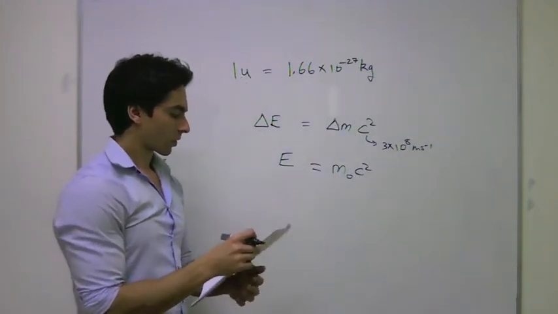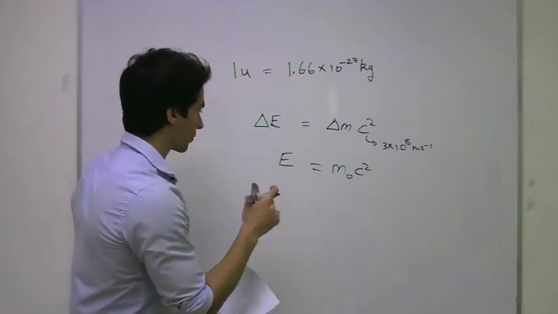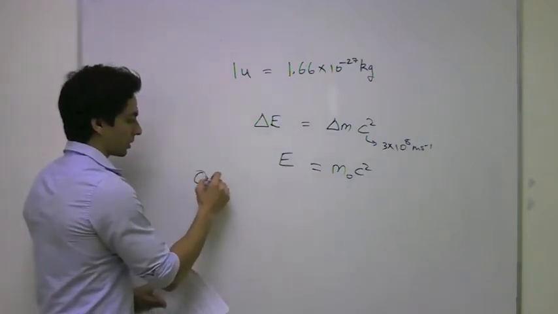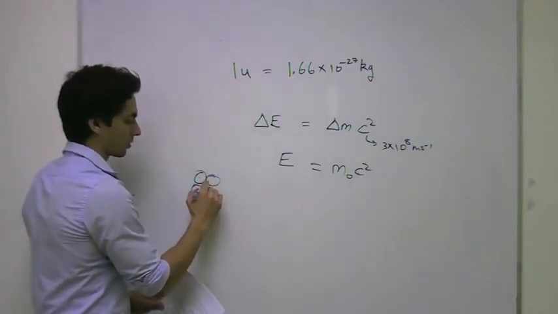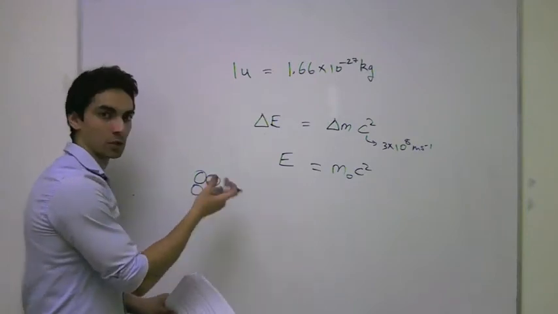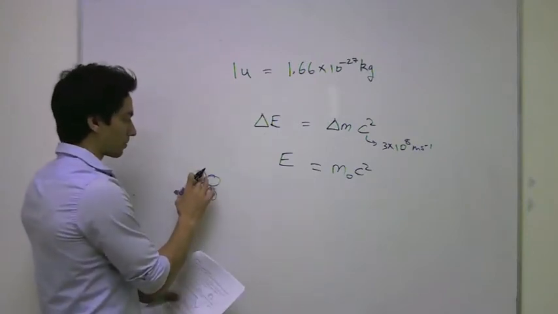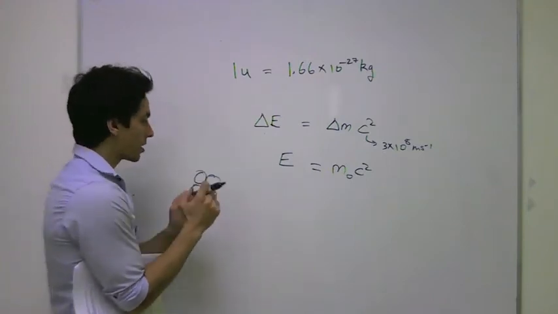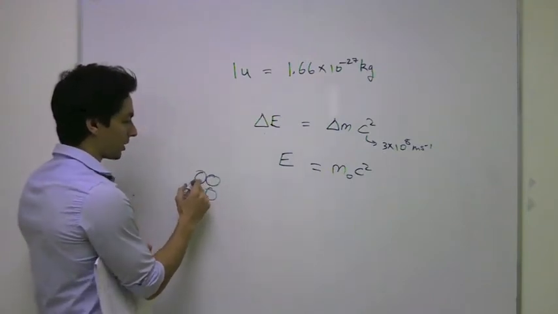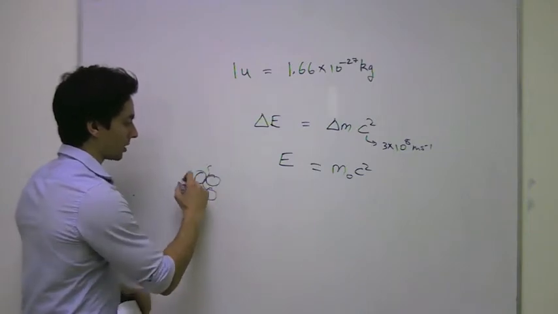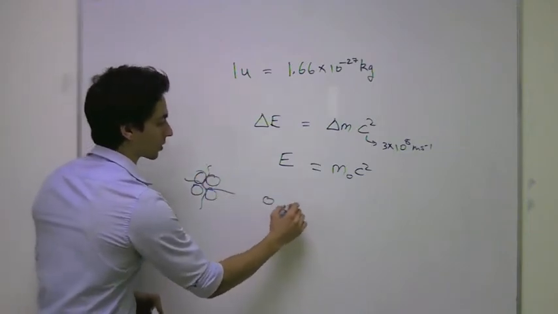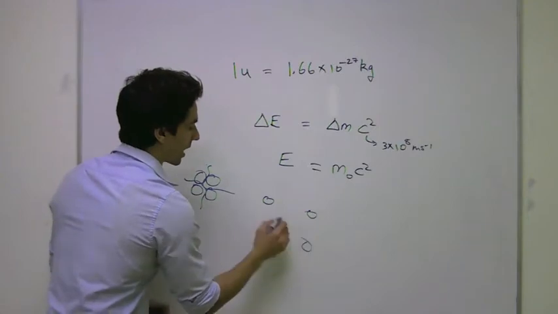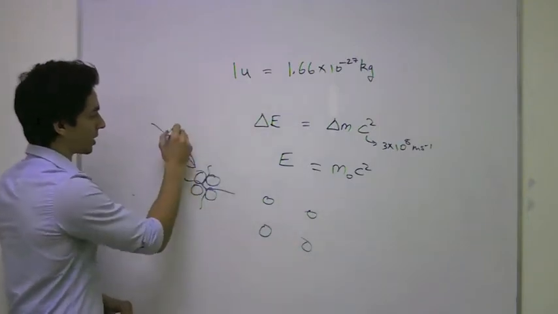So how is this related to what we're doing? Suppose there is a nucleus which has 4 constituent nucleons. Now these nucleons are held together tightly. If I had to break these nucleons apart into the individual constituents, I have to feed in a certain amount of energy.